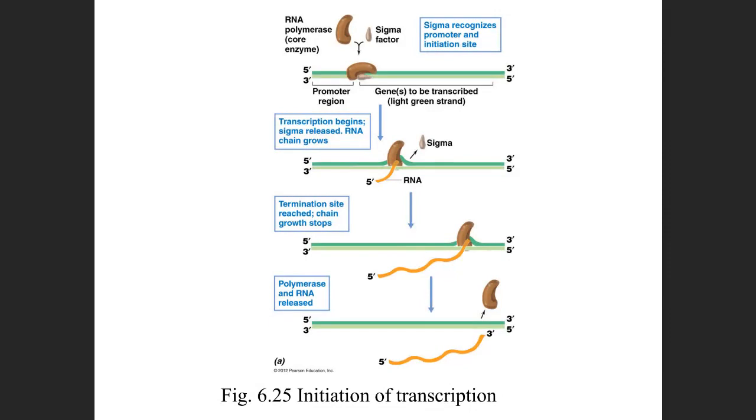And then you have the actors, the RNA polymerase, or it's called the core enzyme. And then you have the sigma factor. The two of them combined together get onto the promoter region and then start the transcription.